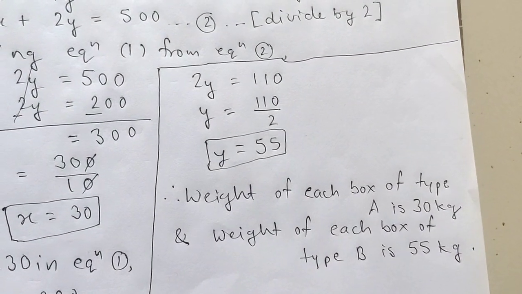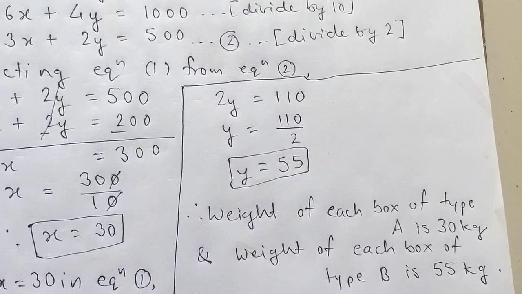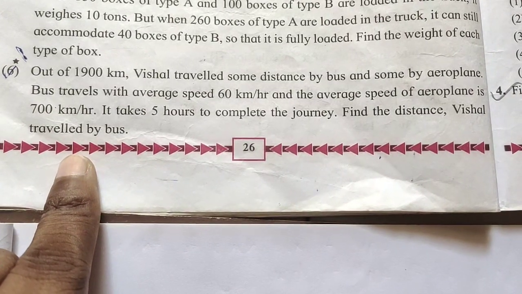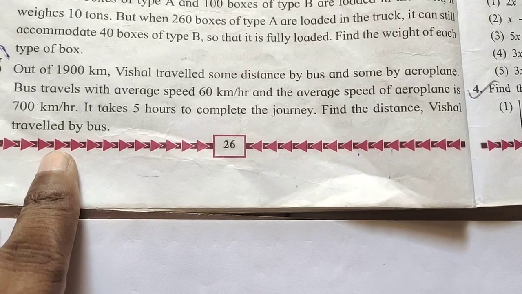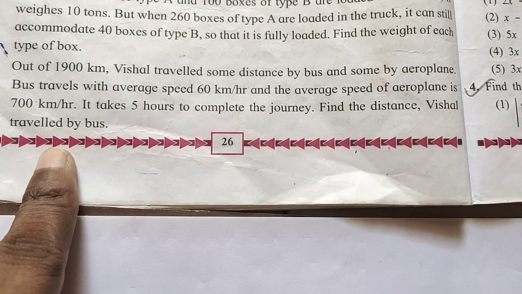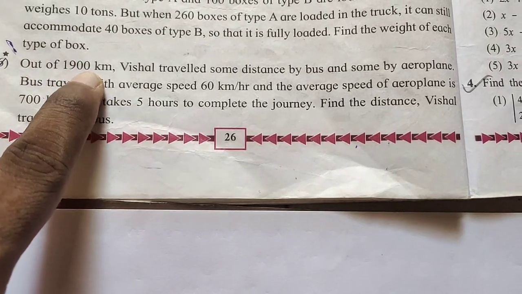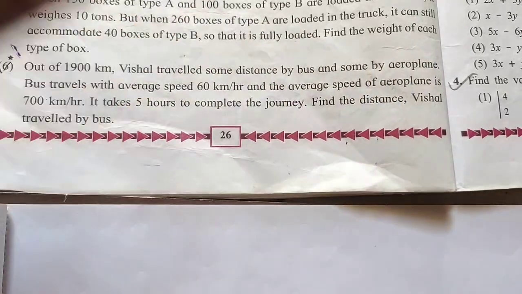Okay, now let us move to our last question of practice set 1.3. See the question. Out of 1900 kilometer, Vishal traveled some distance by bus and some by aeroplane. Means total distance is how much? 1900 kilometer, and out of this distance, some distance by bus and some distance by aeroplane.